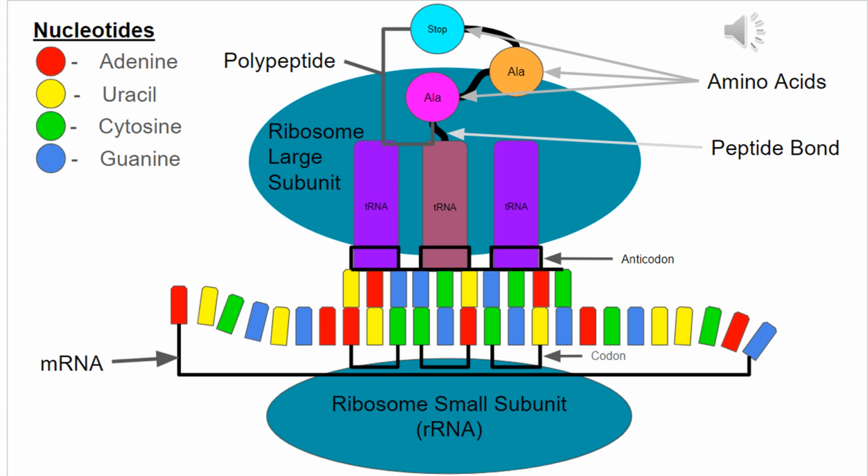Translation is the process in which the genetic information encoded in a messenger RNA, mRNA, is decoded to produce a specific protein. This process occurs in ribosomes, cellular structures where protein synthesis takes place. Codons, anticodons, and amino acids all play crucial roles in this process.